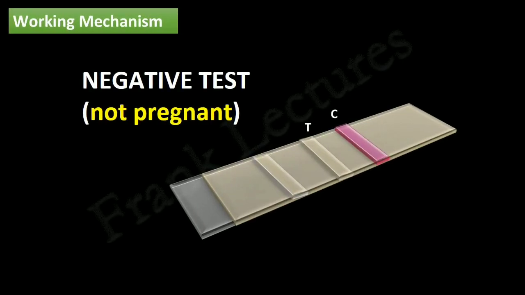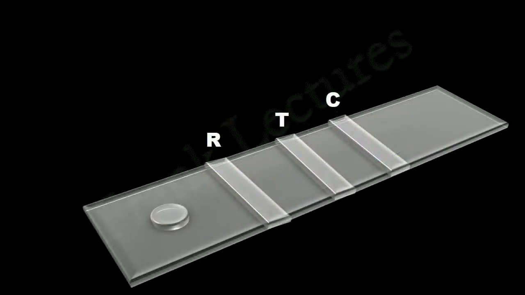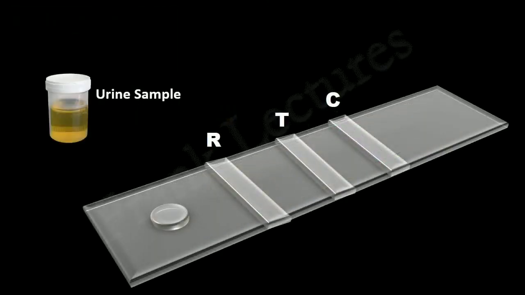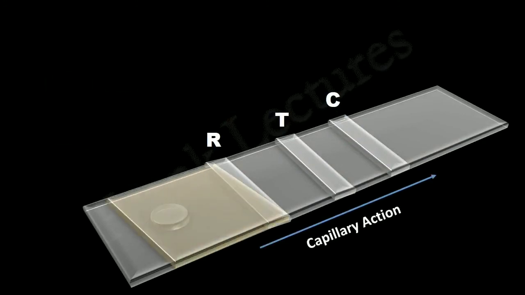In a negative pregnancy test, there is only one colored line, and that is in the C-zone. Let's find out how this happens. Suppose the urine sample which is applied in this pregnancy test strip does not have HCG. The urine sample will flow to the reaction zone by capillary action.